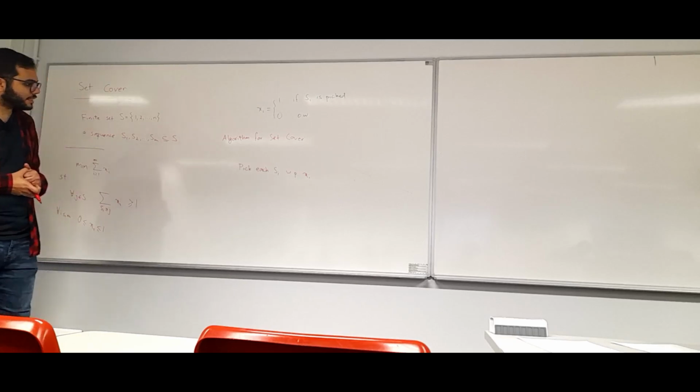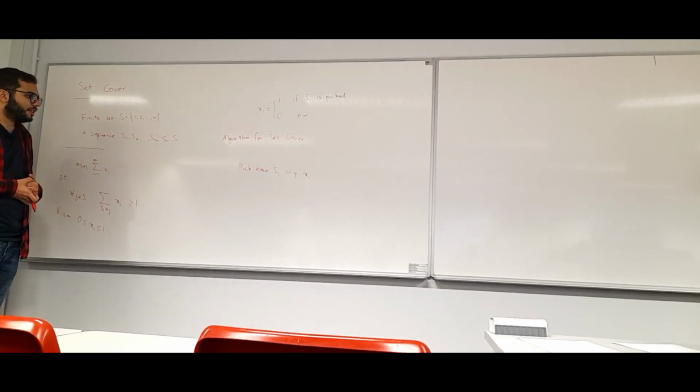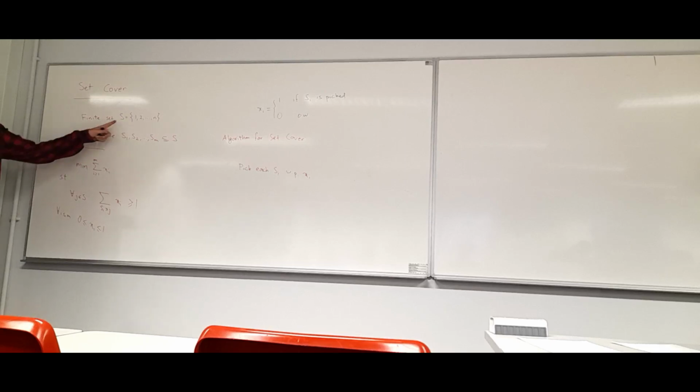Now, this is a randomized algorithm now, but we have to analyze a bunch of things. Well, first of all, we have to analyze the probability of success. And for us, success here is when we cover all the elements.